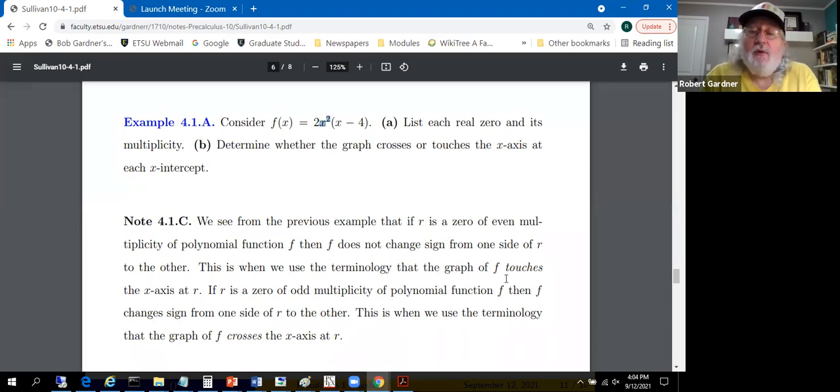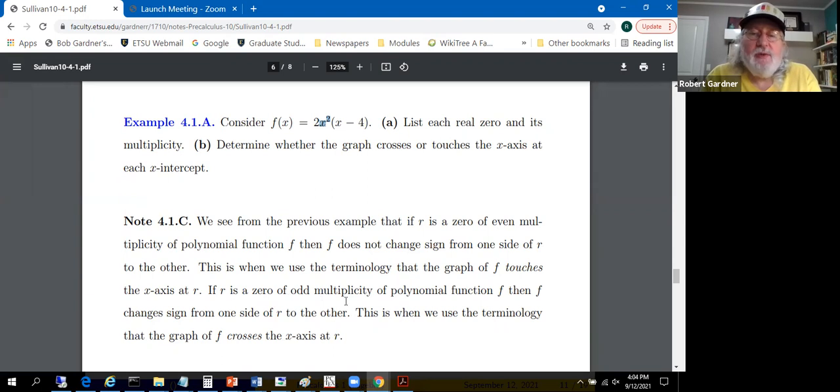So either the curve goes up and touches the x-axis and then goes back down, or comes down and touches the x-axis and goes back up. Touches is a bit ambiguous. All I know is it didn't change sign. Maybe it was negative on both sides, maybe it was positive on both sides. The even exponent or even multiplicity simply tells you it didn't change sign when you went through that zero.